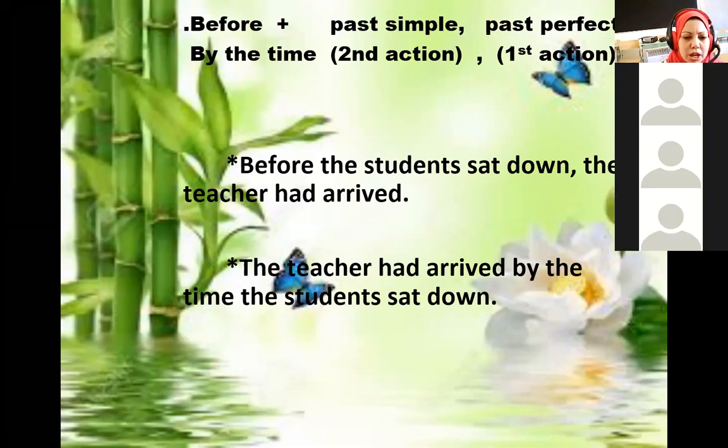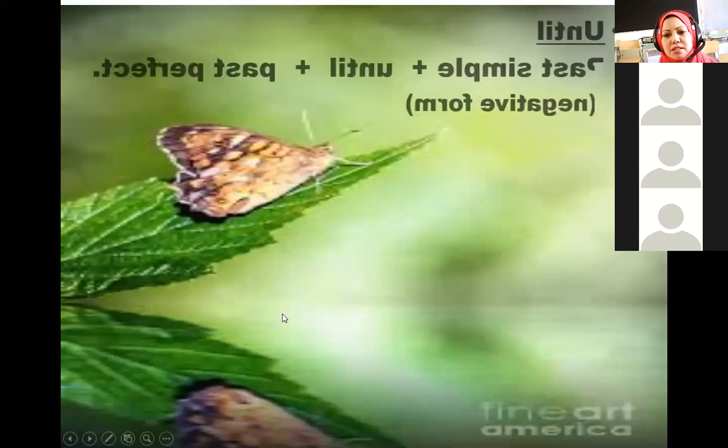We have got two types. The first type is after and as soon as. The second type is before and by the time. After and as soon as must be followed by the first action, had plus past participle. Before and by the time must be followed by the second action, which is in the past simple. Is it clear? It's our lesson for today.